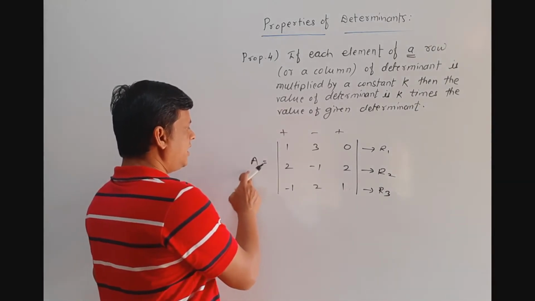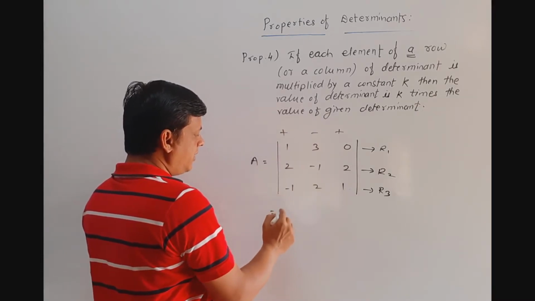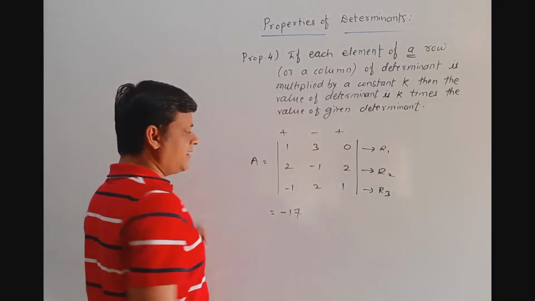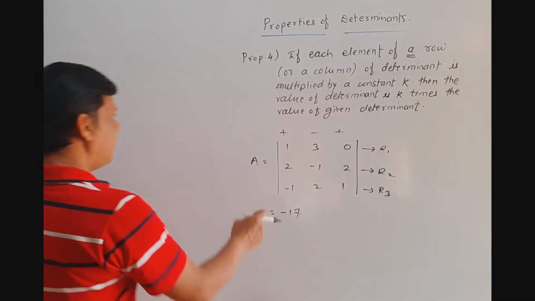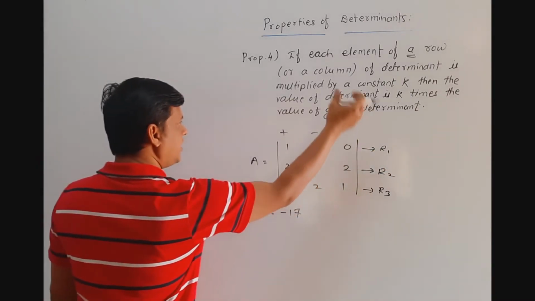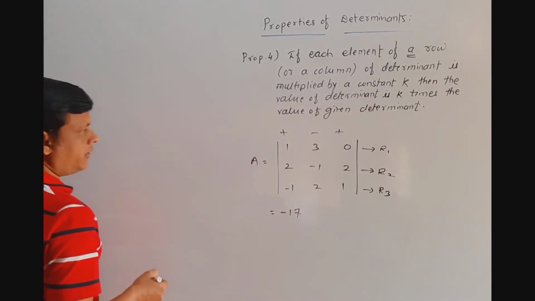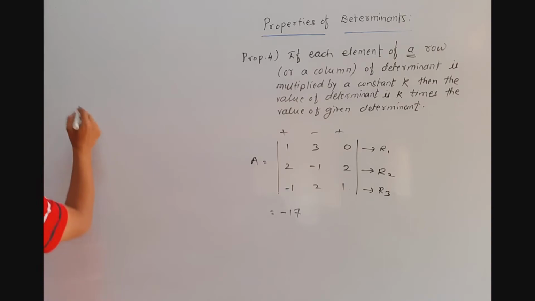Suppose we consider here determinant A, and the value of this determinant we already calculated, which is minus 17. Now we multiply this first row by k, or instead of k we take k equals 5, or for convenience we take k equals 2 here.